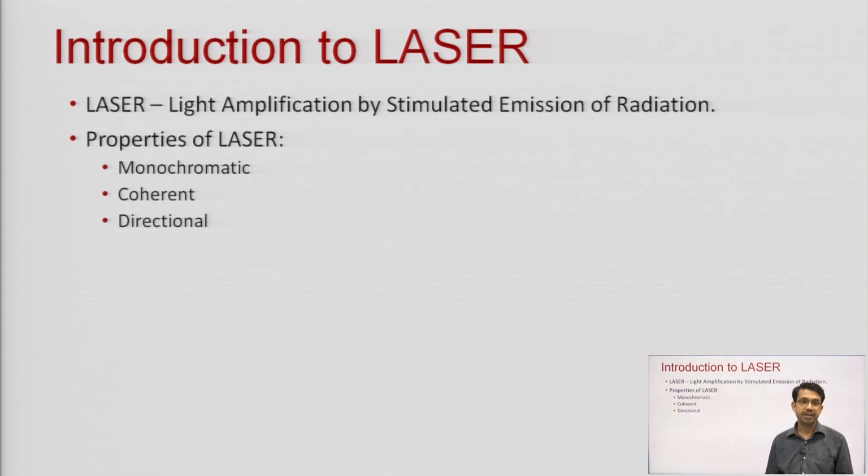So, the light that we get from a laser is highly monochromatic. Which wavelength we get depends on the material we use to generate the laser, but we get highly monochromatic light.